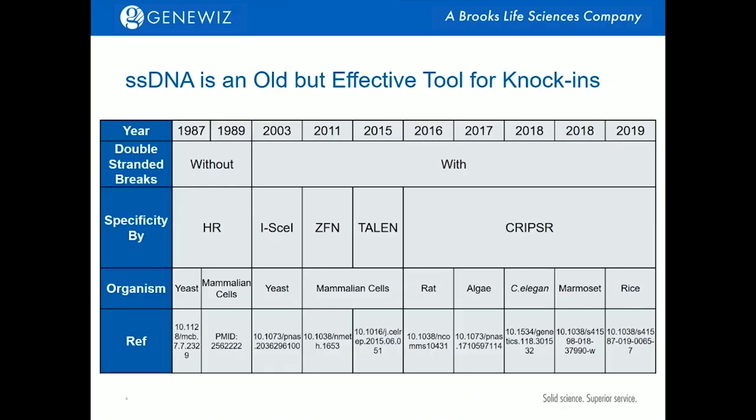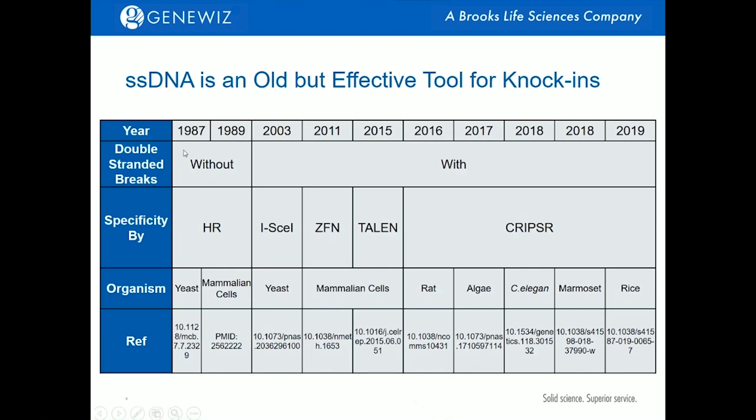Before going into specific details, I would like to emphasize that using ssDNA as a knock-in template is nothing but a new trick. It's intuitive to come up with this idea, as single-strand DNA contains as much genetic information as double-strand DNA.